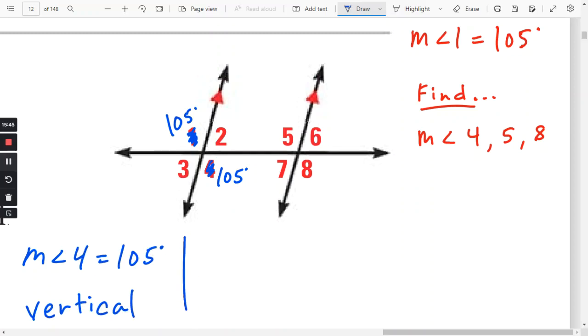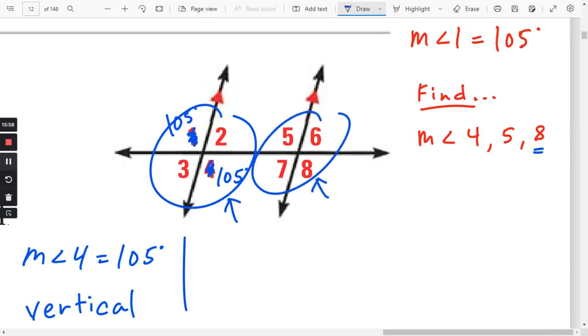All right. And let's see, they also wanted us to find 8. If you look at these 4 angles, angle 4 is on the bottom right. If you look at these 4 angles, angle 8 is on the bottom right. Okay, so the measure of angle 8 is also going to be 105. And that is because they're in the same position. They're both on the bottom right. So that's called corresponding.